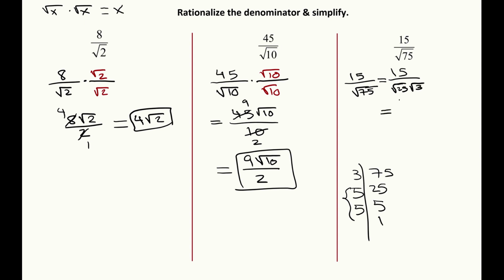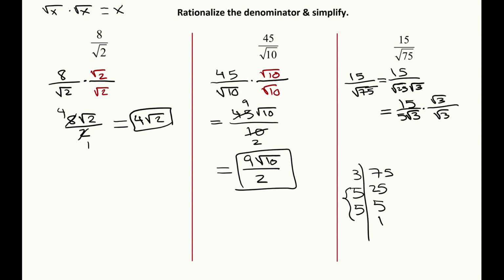So now we end up with 15 over 5 radical 3, which is nice because now all I need to rationalize the denominator is just to multiply by radical 3, which of course I need to do on the top as well.